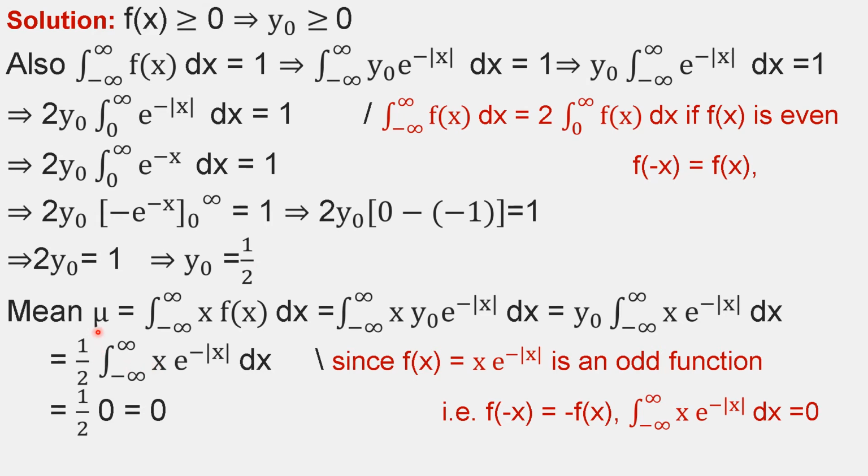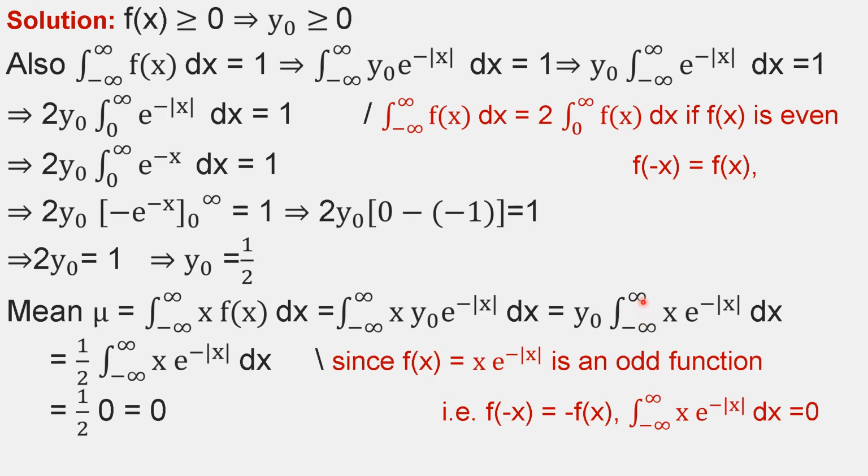Then the mean mu. Integral from minus infinity to plus infinity x into f of x dx. Here for x from minus infinity to plus infinity, f of x is already given in the question, y naught into e power minus mod x. Y naught is a constant, can be kept outside the integral sign.